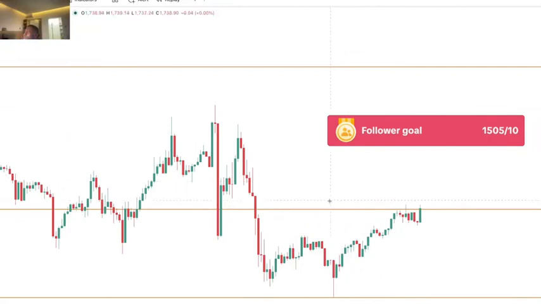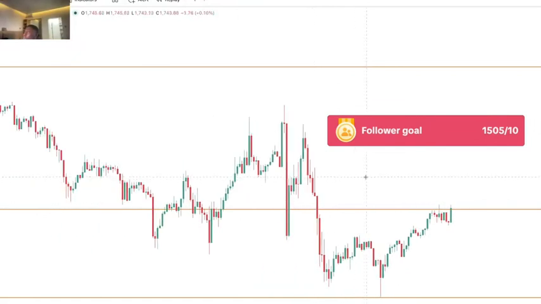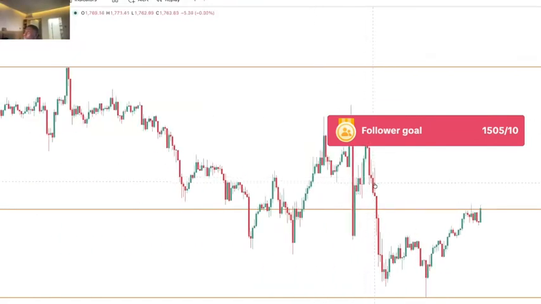Okay, I need to check for imbalance on our Ethereum 15 minutes. So right now I'm yet to figure out what I should mark as my area of interest on Ethereum. I'm closely looking at that.